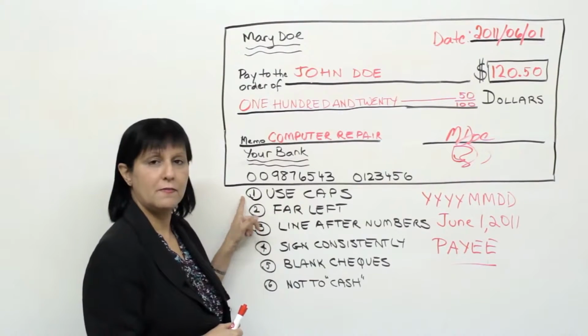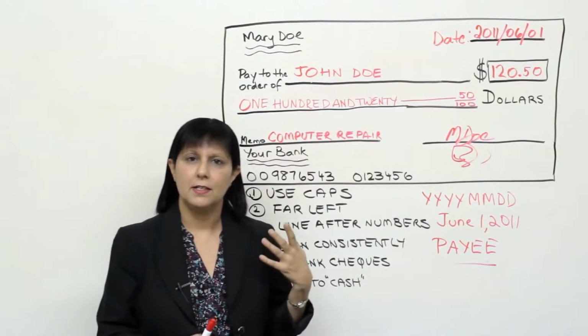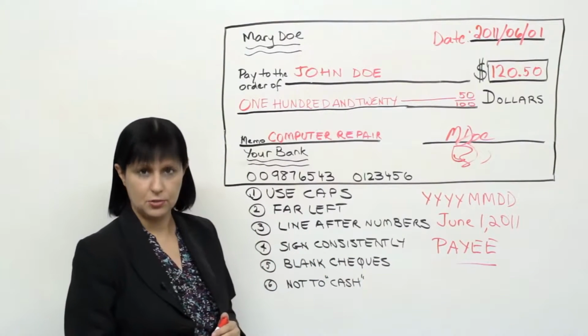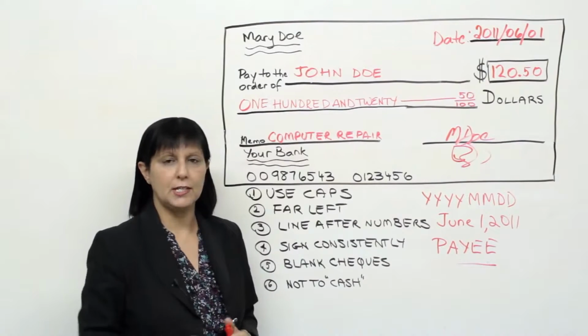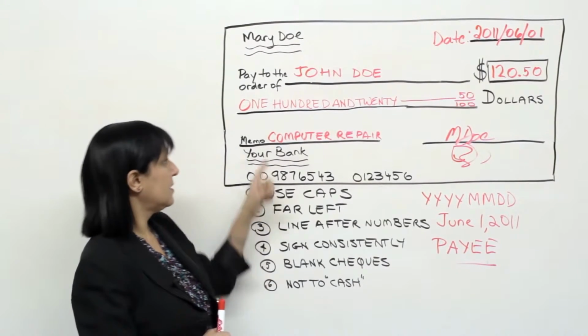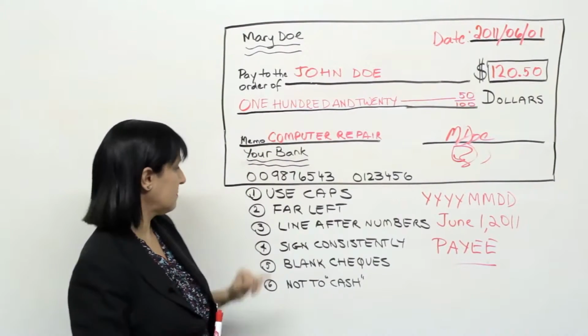So one way to avoid mistakes or avoid anybody doing anything fraudulent with your check is to use capital letters because it's harder to change capital letters. So that is often advised by the banks. So you might want to write this information in capital letters.